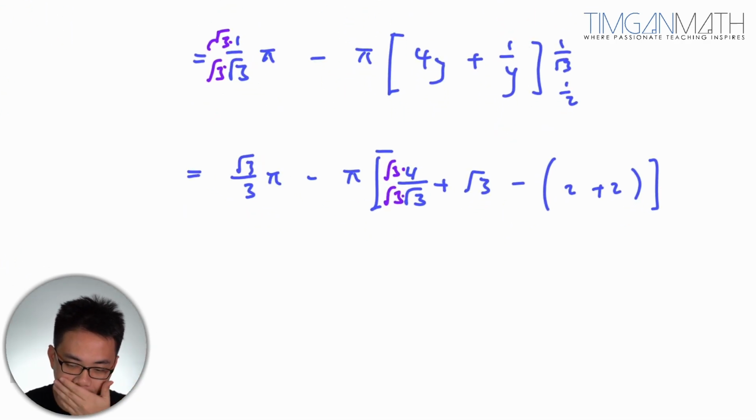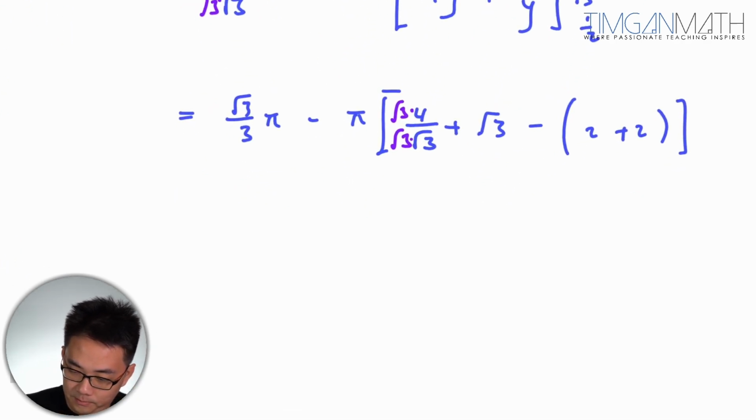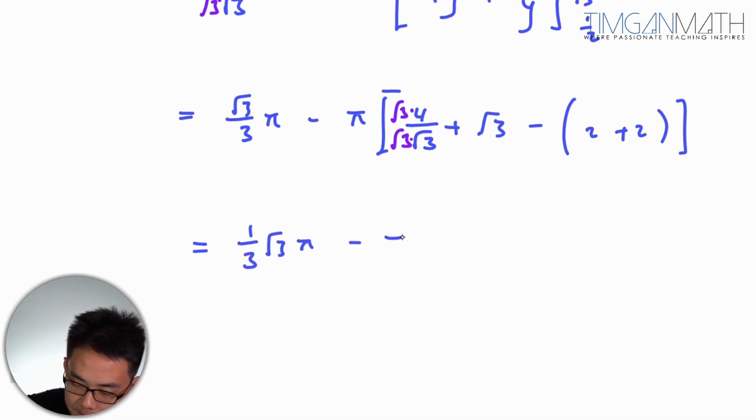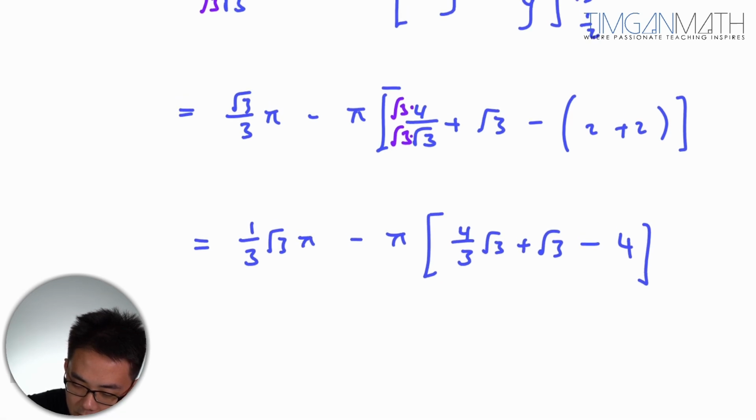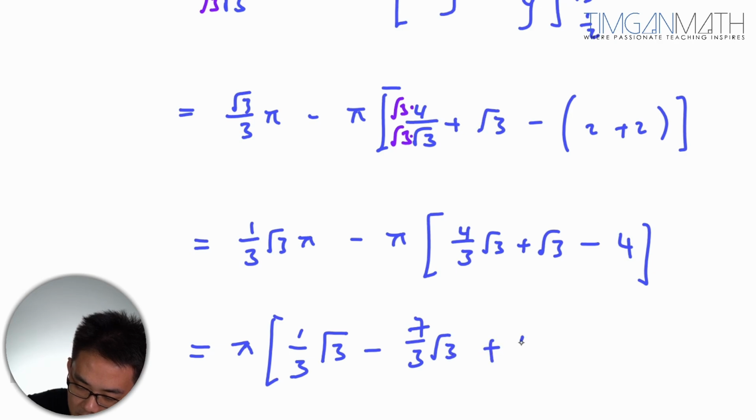I could get 1 over root 3 pi, 4/3 root 3 plus root 3 minus 4. So this will be 7/3 root 3. Maybe I'll factorize out the pi, it'll be easier. 4/3 plus 1 would be 7 over 3 pi root 3 plus 4.